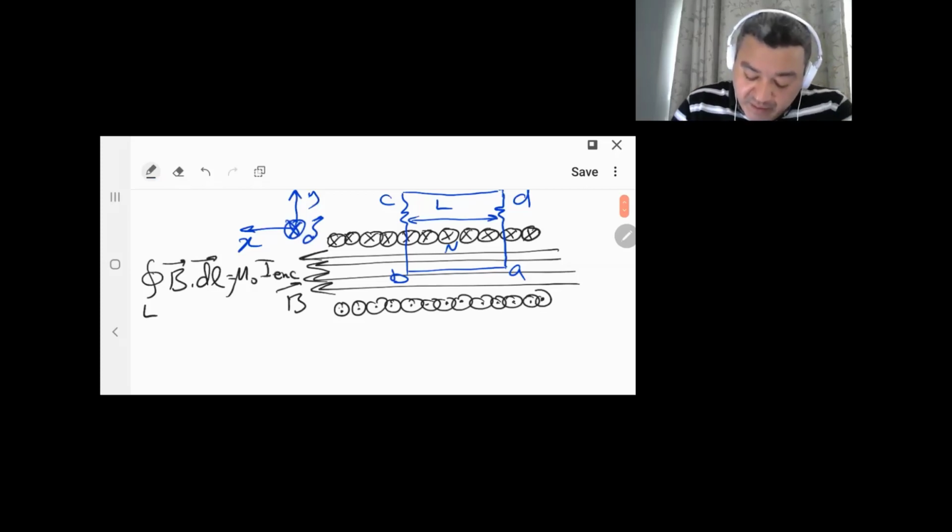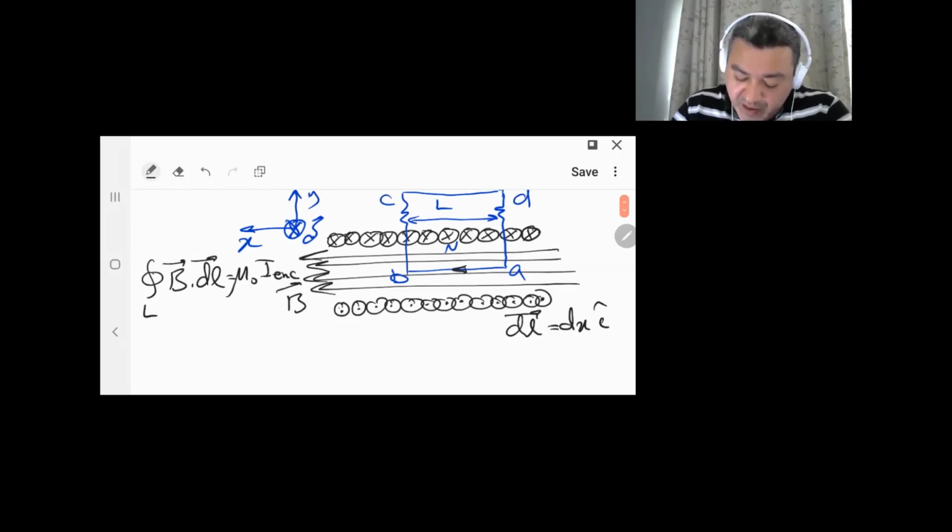If I define dl, my dl is going to be along the x, so it will be dx, in the positive i hat direction for path A to B. So I will start now this integration.